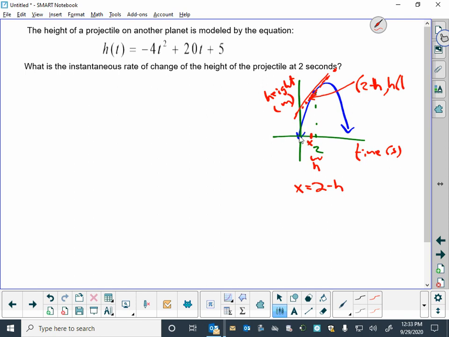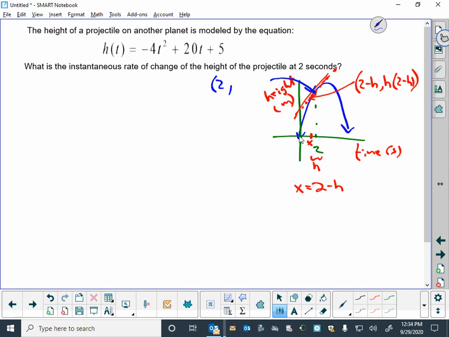H of 2 minus h, comma h of 2 minus h is the one point. The other point I could have figured out ahead of time, but I didn't.